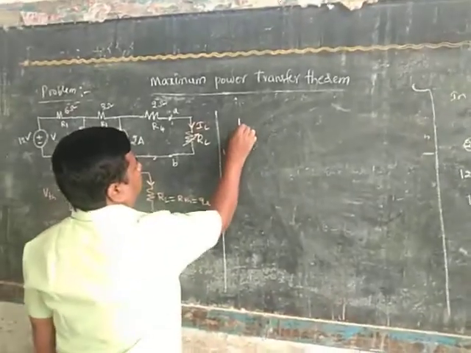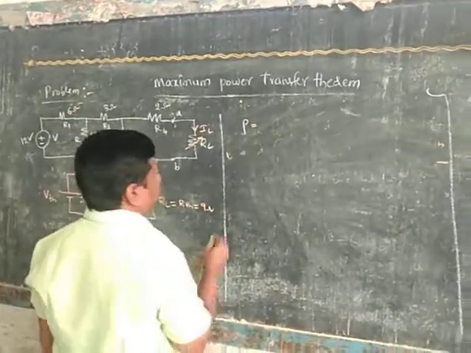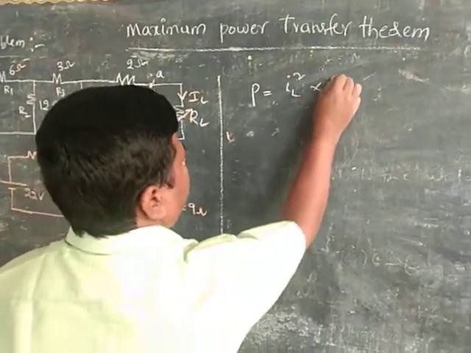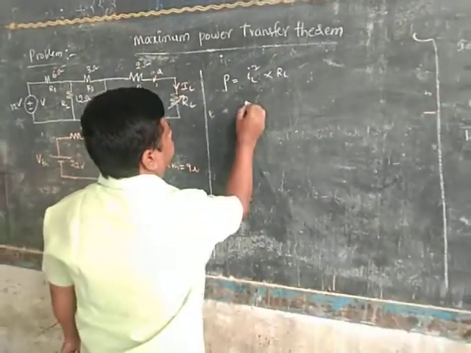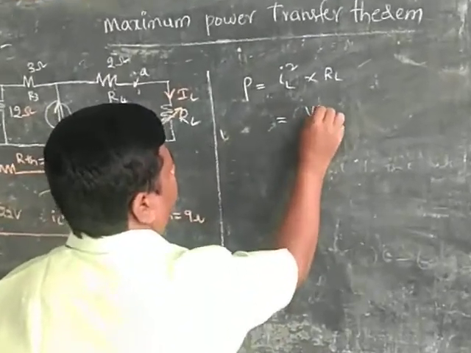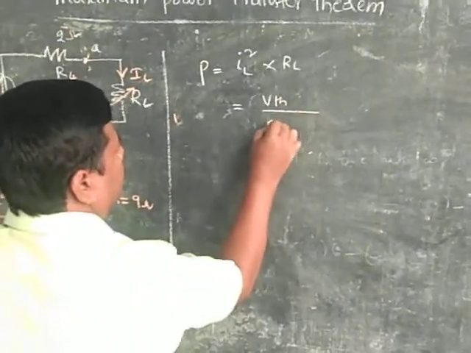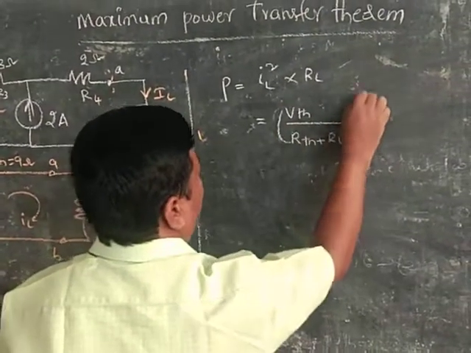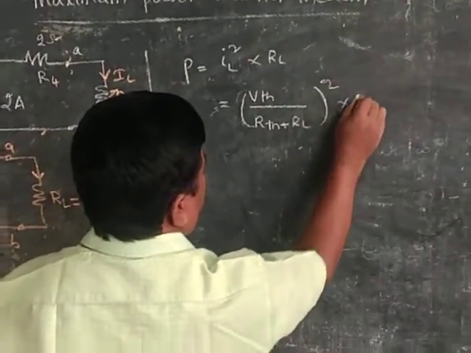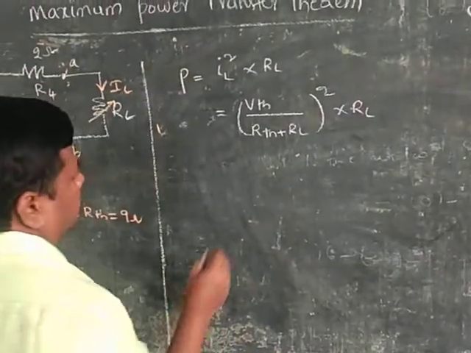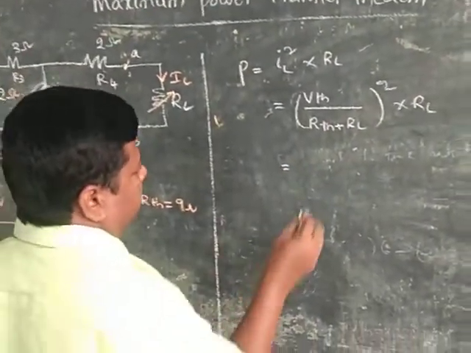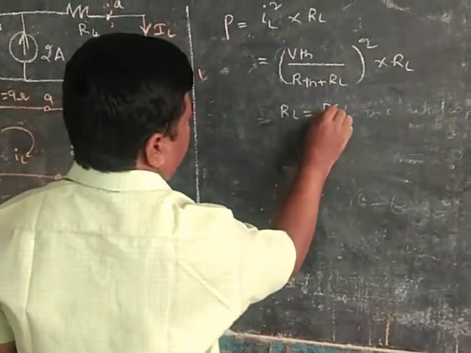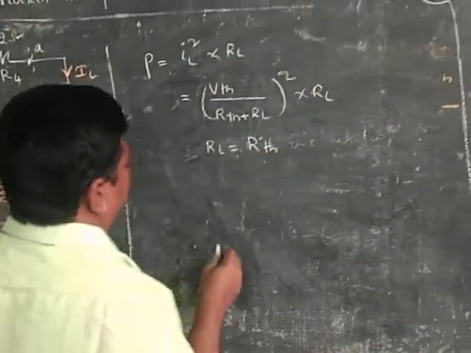You know that power is equal to IL square into RL, that is, V Thevenin by R Thevenin plus RL, whole square, into RL. Now the condition is RL is equal to R Thevenin.